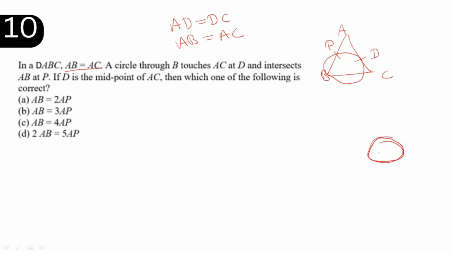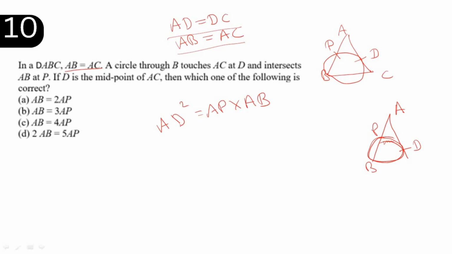Suppose this is the circle, with A, B, P, D. Ignore this line in between. What we know about this circle is that AD square is equal to AP into AB. And we know that AD is equal to DC and AB is equal to AC.